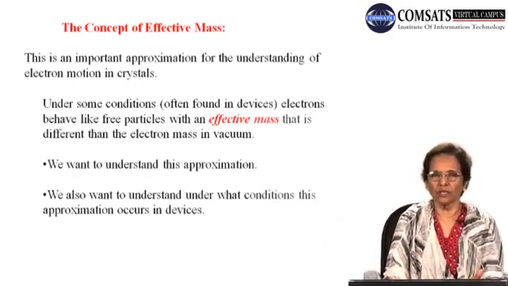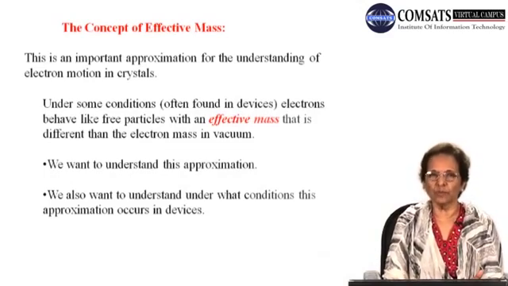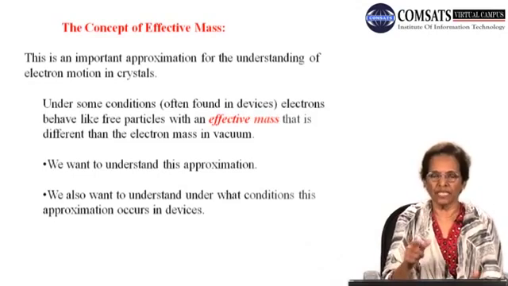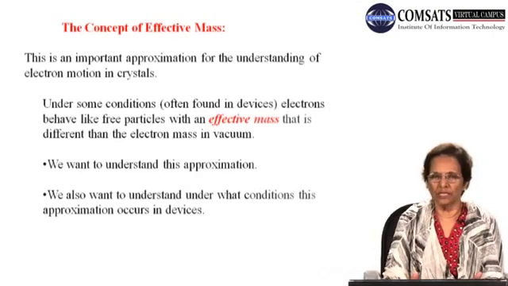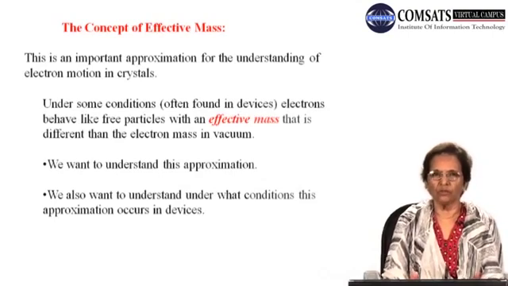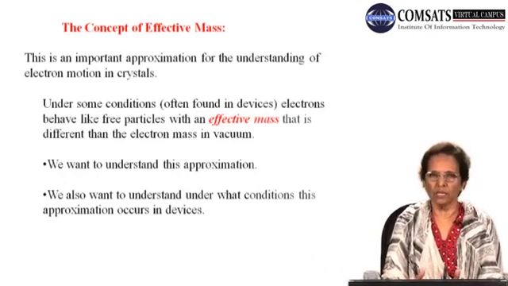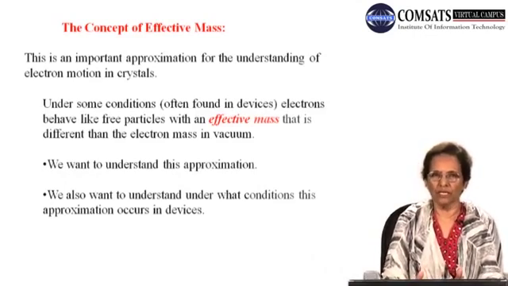The force which the electron, whose charge is q, experiences when placed in an electric field E is equal to q times E. Q being the charge of the electron, which is negative, and E being the strength of the applied electric field.